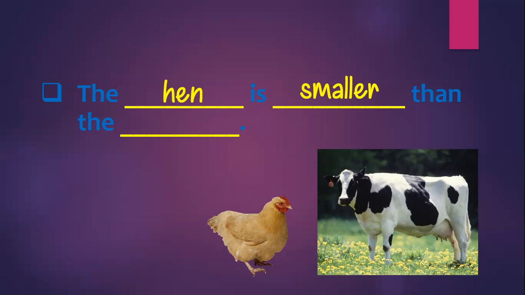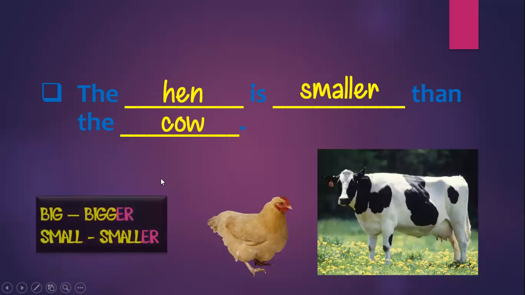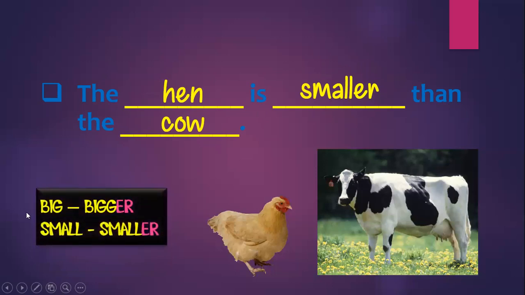Is small. So the hen is smaller than the cow. So one more time, the hen is smaller than the cow. As you can see here in this little box, we have these two adjectives, big and small.